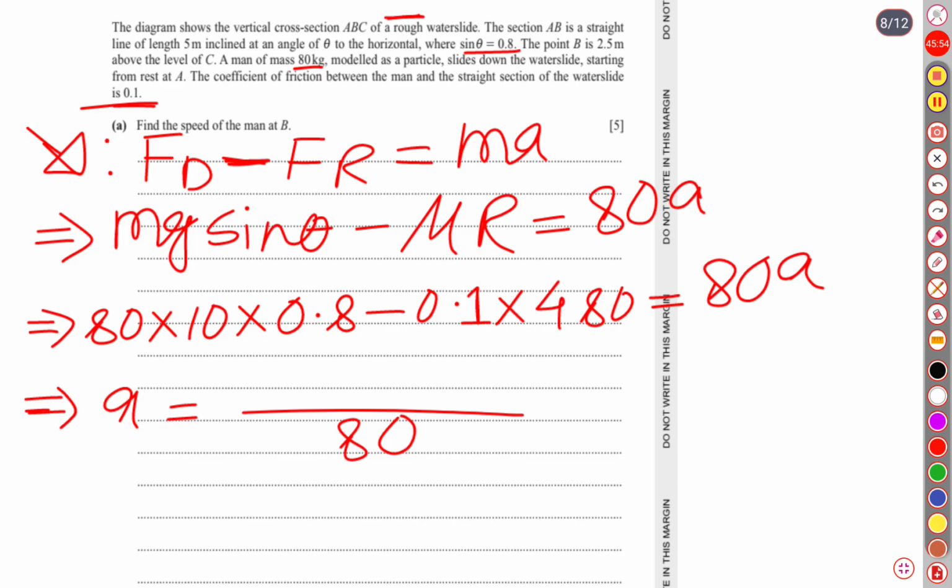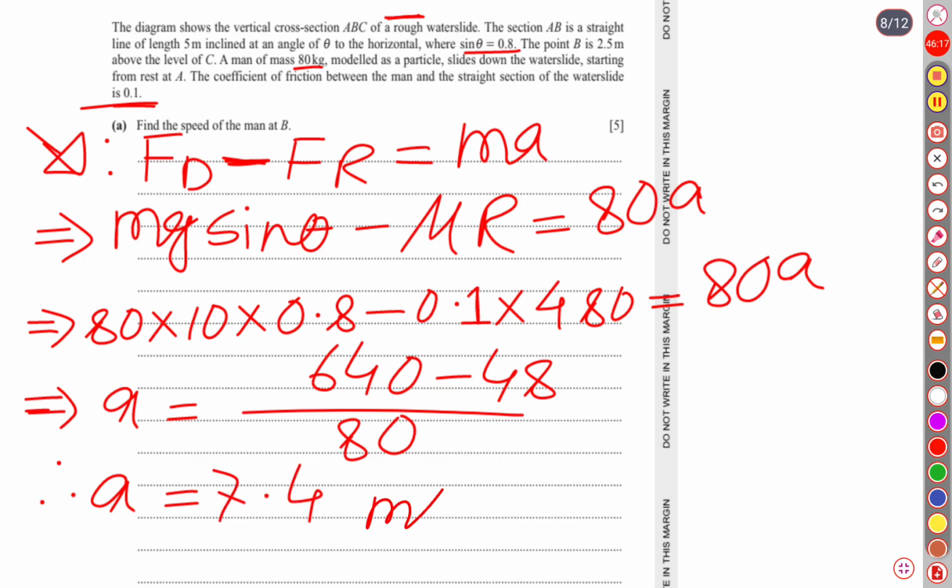So from 640, if we subtract 48, let us write 640 minus 48. Hence our acceleration is going to be, it is an exact figure, 7.4 meter per second square.